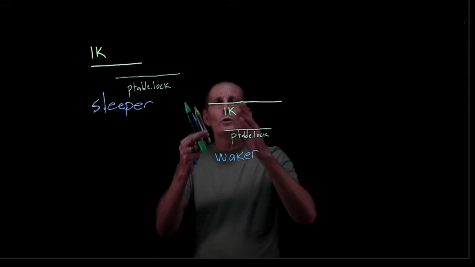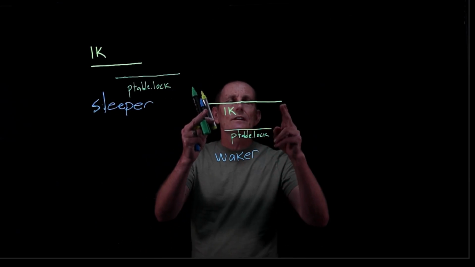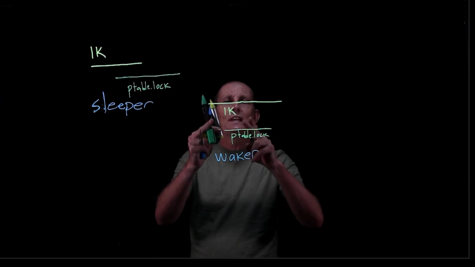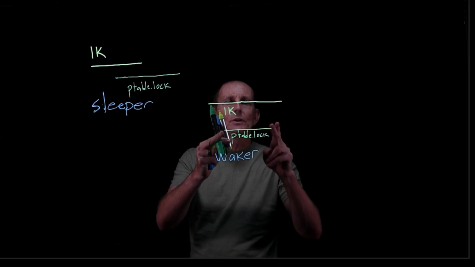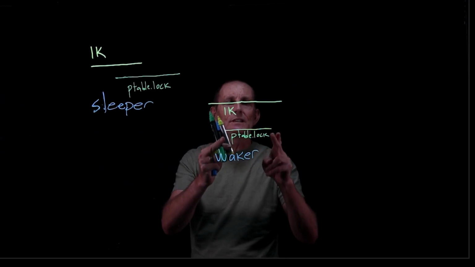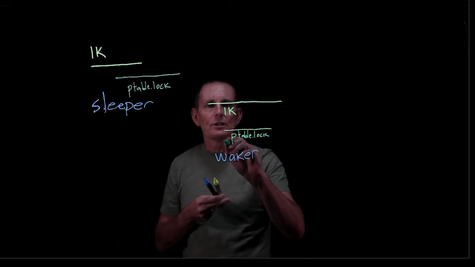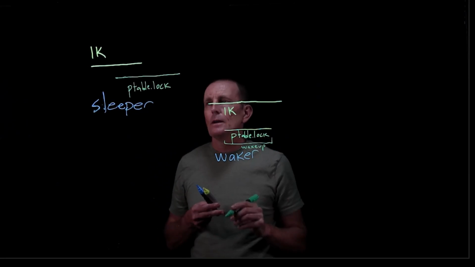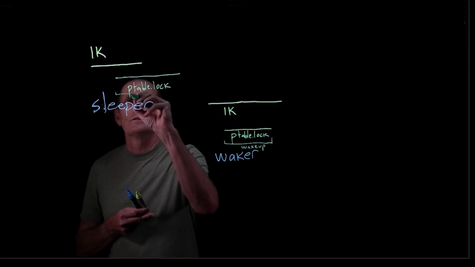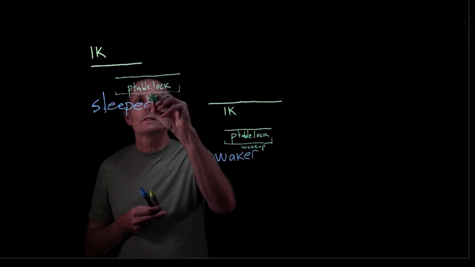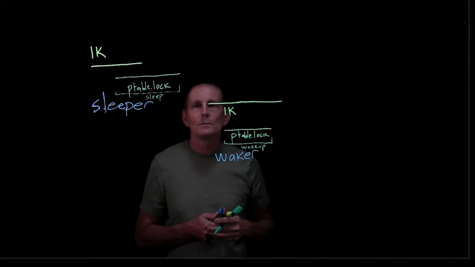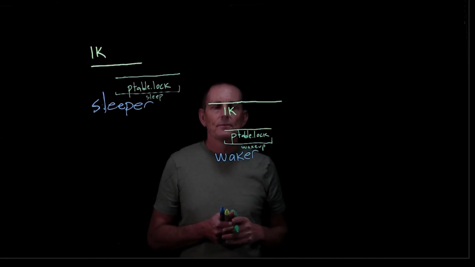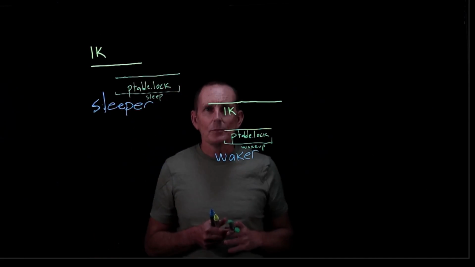So the waker holds the lock for its entirety, and within that calls wake up, and wake up holds the p-table lock. So this portion is within wake up, just like this portion is within sleep. Okay, so that's one possibility of what happens. So this is kind of if the sleeper goes first.